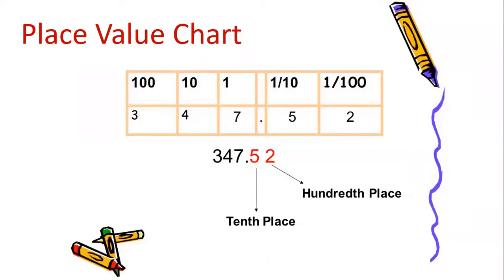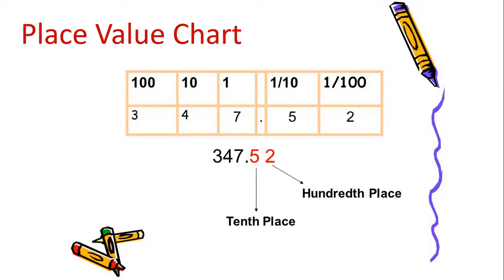2000 plus 400 plus 60 plus 8. 2468.342, or 342 thousandths. So two thousands, 400, 60, 8.